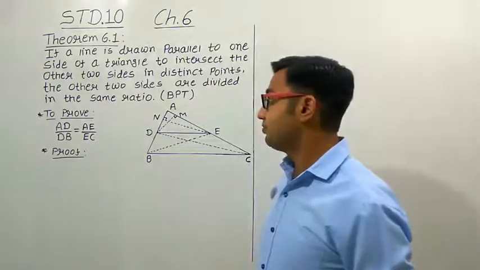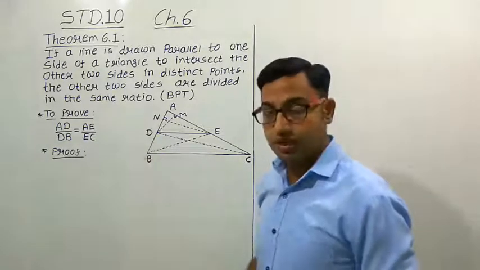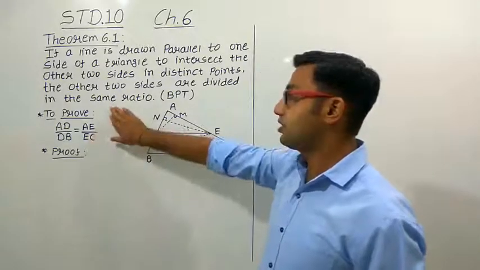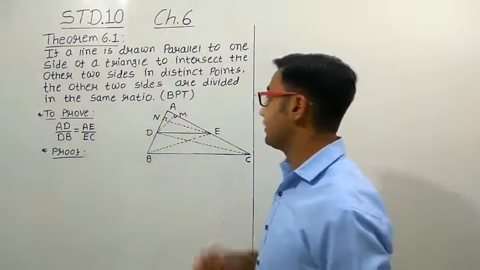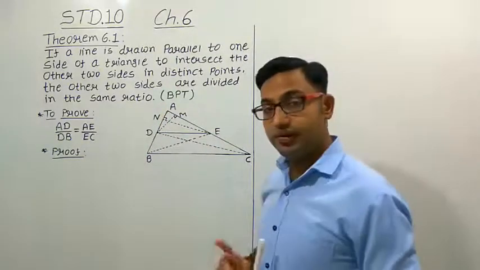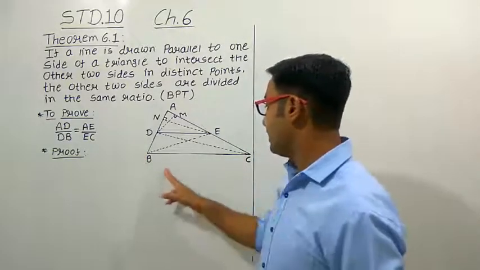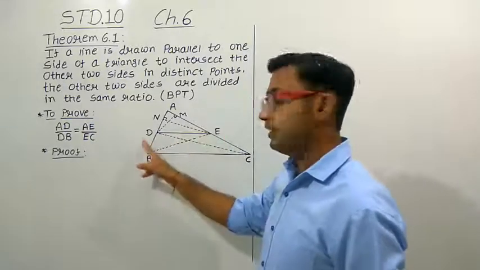So this is a theorem that we need to prove. Let us first understand the diagram and the statement. Suppose we have a triangle ABC, and we draw a line parallel to one side BC, and we have drawn it as DE.